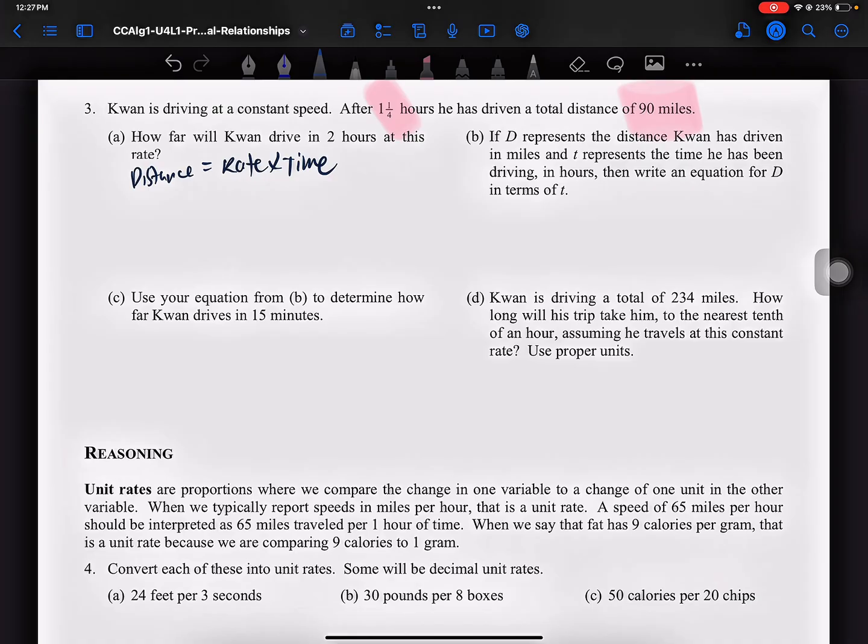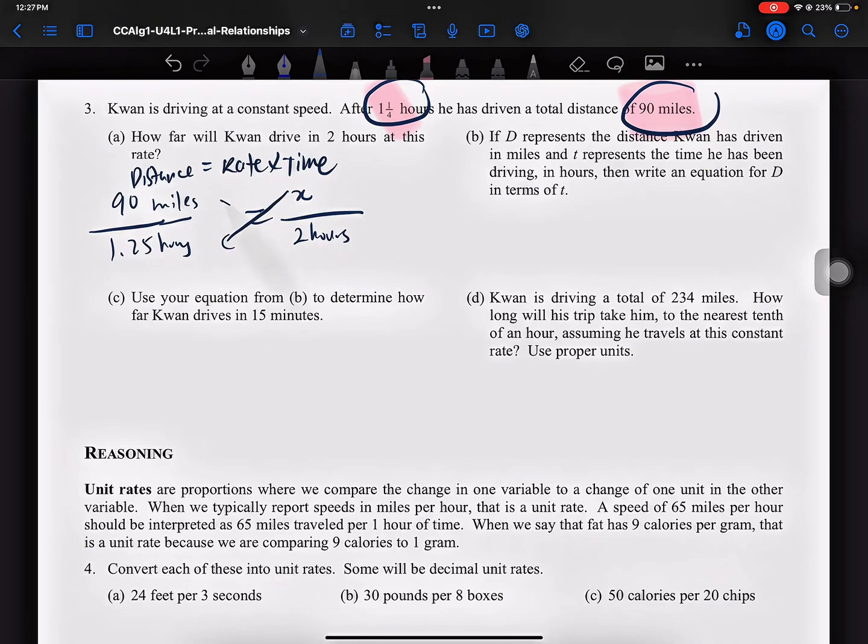So I will have given here 90 miles in 1.25 hours, and I need to know the new distance, x, over 2 hours. Okay, I will cross multiply.